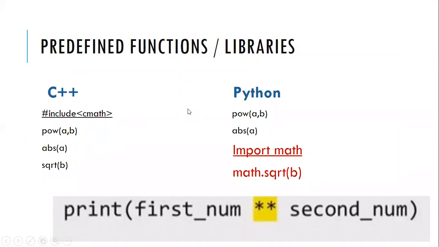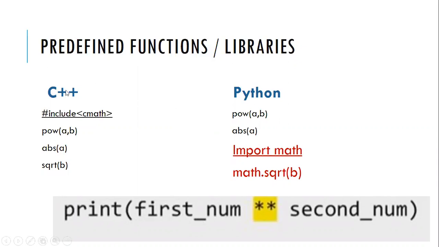Okay, so the predefined functions are the functions which are already defined, which know what they have to do. The predefined functions have their definitions in the libraries. In C++, we say predefined functions. In Python, we say libraries.